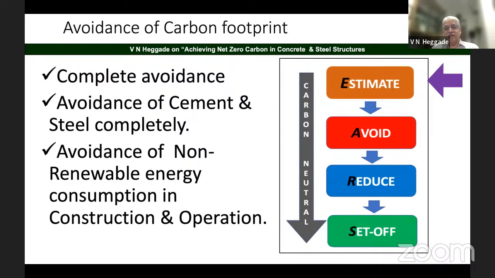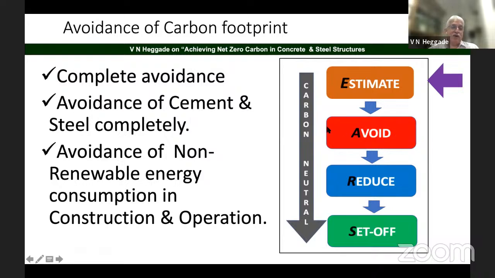Now the next, after the estimation, is the avoidance. I think this arrow is in the wrong direction, and the avoidance should have been down there. The avoidance has to be there. And how can we avoid it?